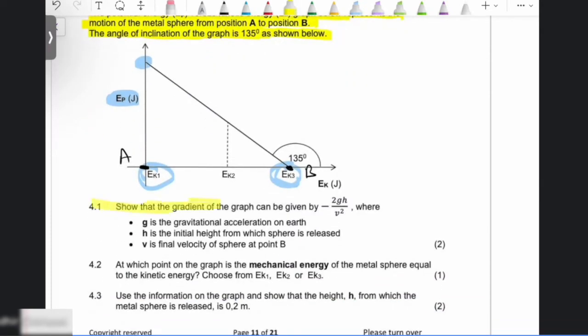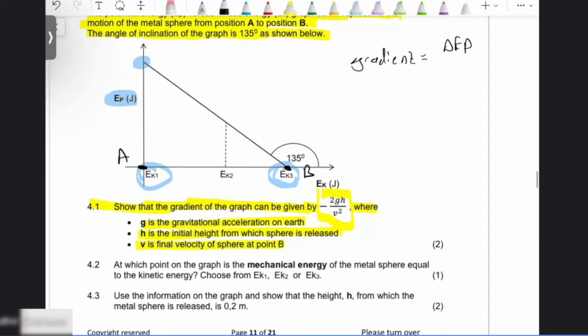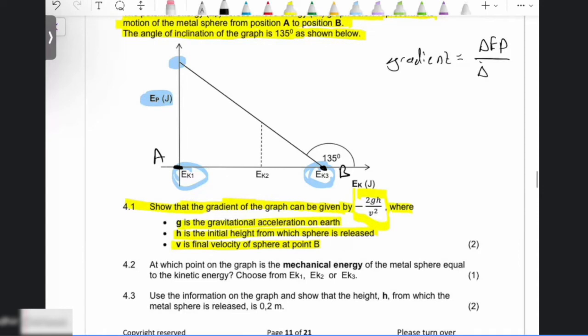4.1, it says show that the gradient of the graph can be this here, where g is the gravitational acceleration. So here they just want you to prove that that's what the gradient can be. Gradient in this case is going to be the change in EP all over the change in EK.